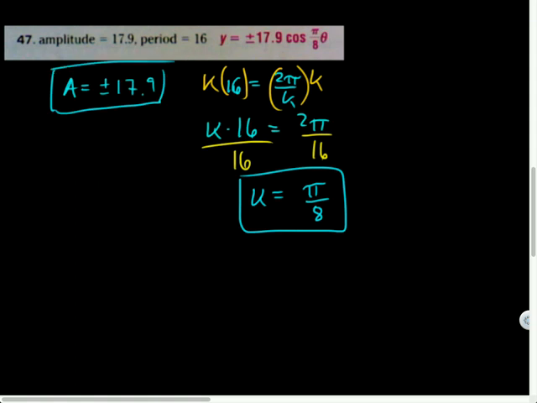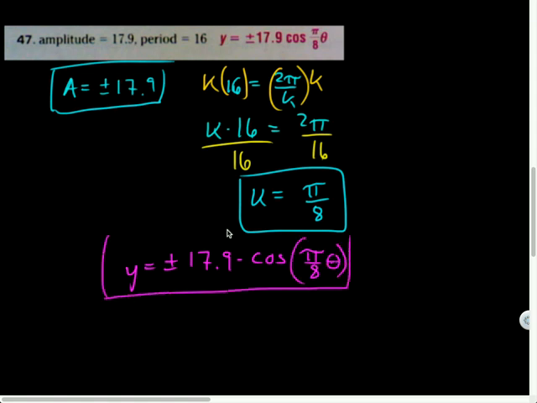And this is a cosine function, so that's why this would be y equals plus or minus 17.9 times the cosine of pi over 8 times theta. I don't think I said it necessarily in the video, but anytime your k has a pi in the numerator, your period will actually end up being an integer, a non-pi thing.